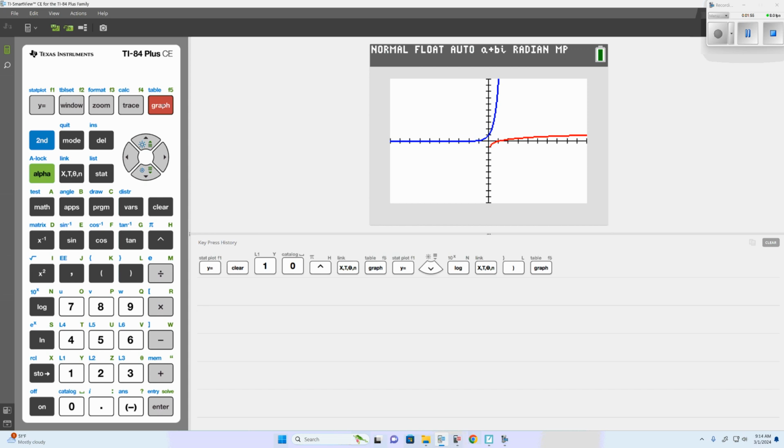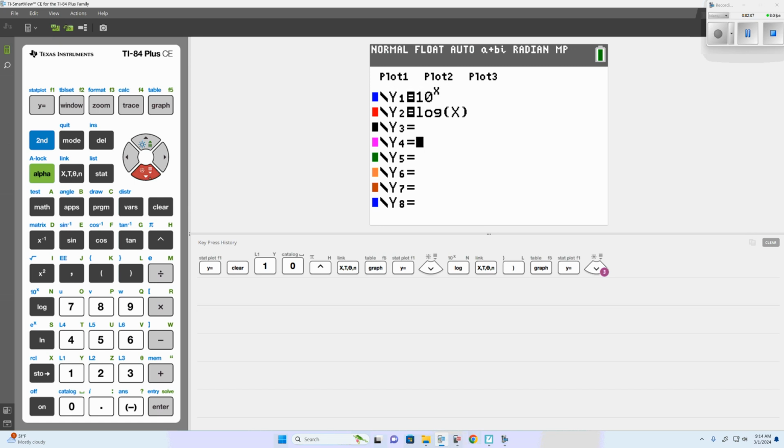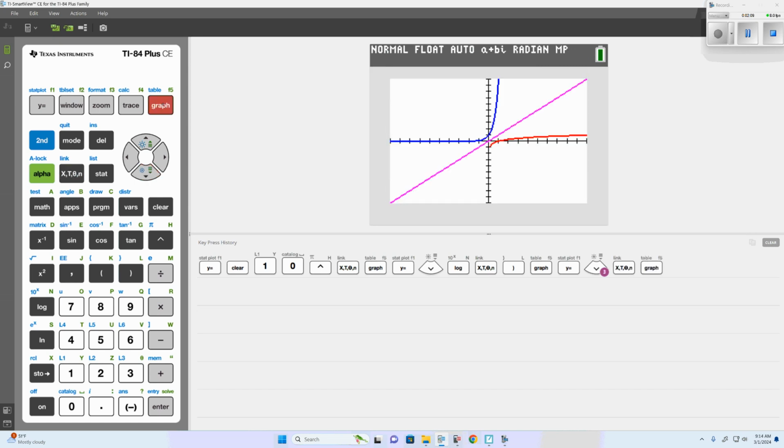We'll get more into inverses later, but two functions are considered inverses graphically if they are a reflection across the line y equals x. So we'll put a third equation, the line y equals x, the pink graph. The red and blue graphs are mirror images of each other across this line. They're inverses of each other. They undo each other.